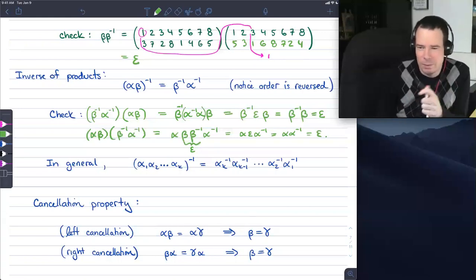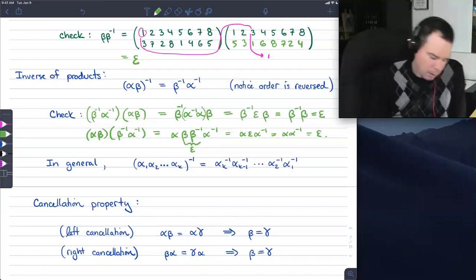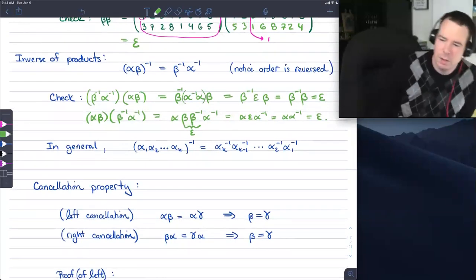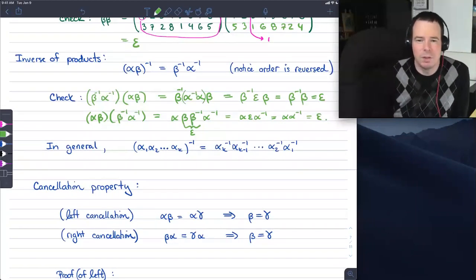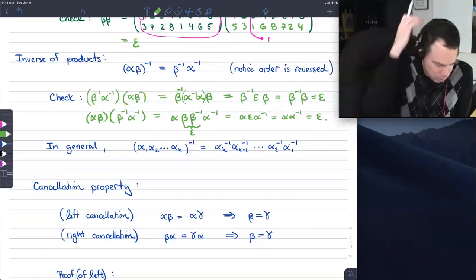However, I like to think about the socks and shoes analogy much more: if I do two actions, to undo them I have to undo them in the reverse order, each one in turn. In general, if I have a product of a bunch of permutations, alpha 1 through alpha k, and I want to compute the inverse, I compute the inverses of each one and then multiply them in reverse order.